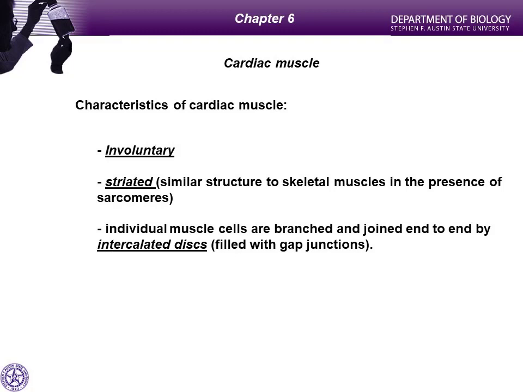Striated means we have sarcomeres, that overlapping pattern of actin and myosin. And also, in contrast to skeletal muscle, which are these long cables, cardiac muscle is branched and interconnected, which allows the cells to be woven together in the three-dimensional shape we know as the heart.